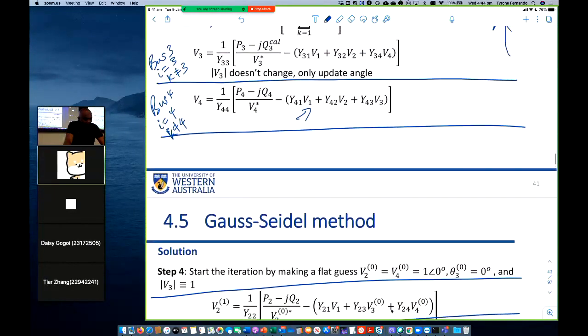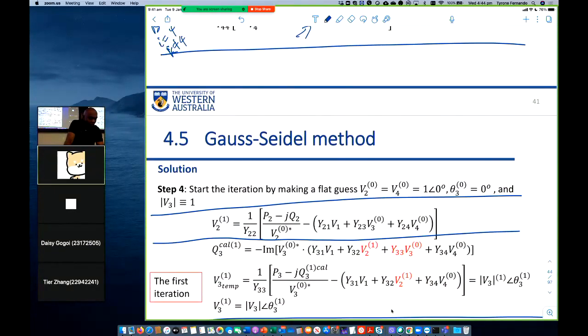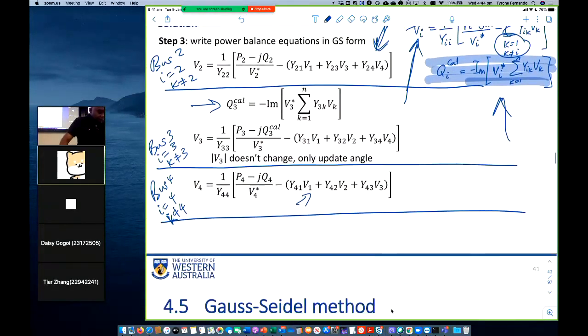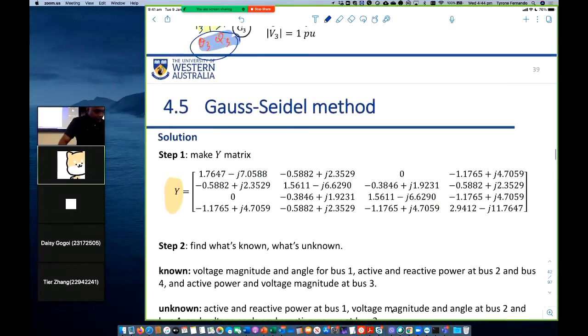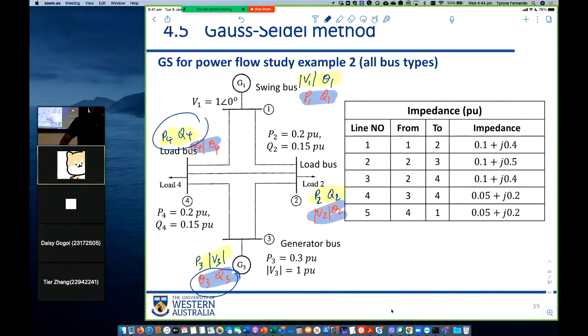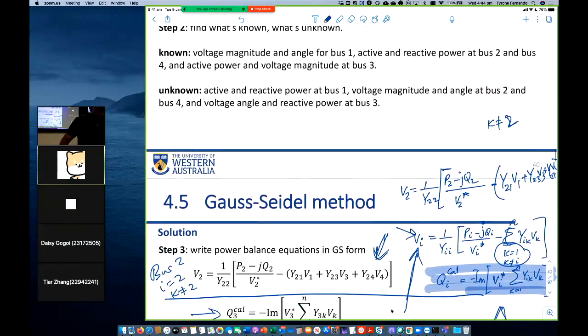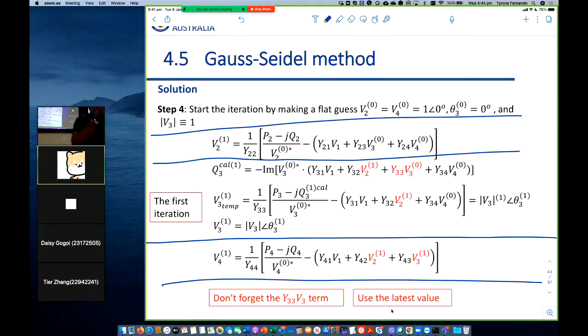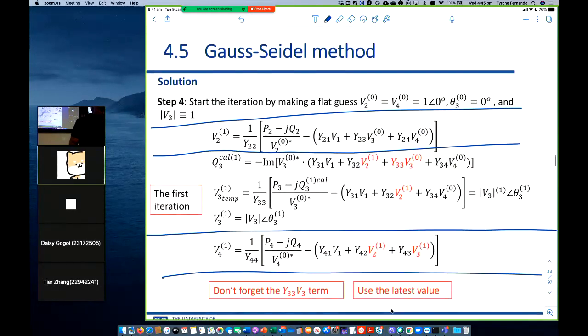We start with a flat start. So V2 and V4 we take as 1 angle 0. V3 is known, so when we do the calculation, we substitute the exact value for it.